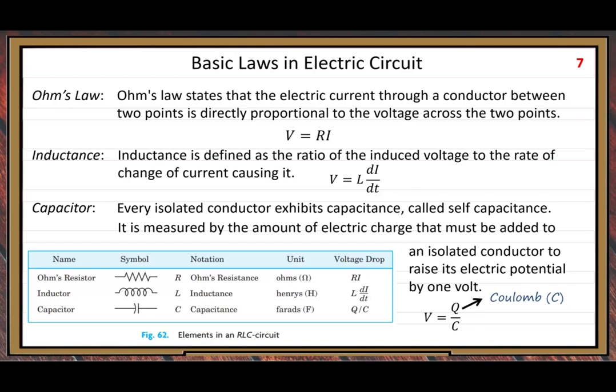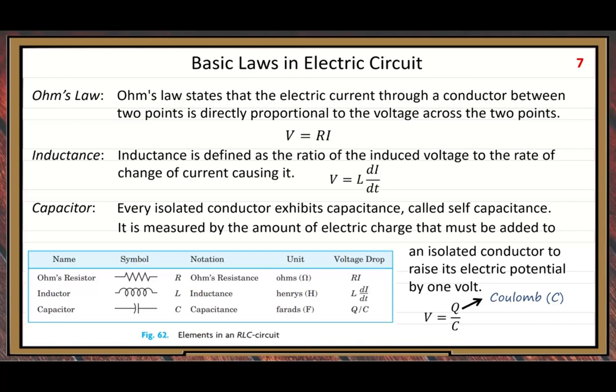Between these 2 points, there is a voltage V. Then electric current goes through this resistor. This resistor has the resistance R, and electric current I has a certain number of amperes.